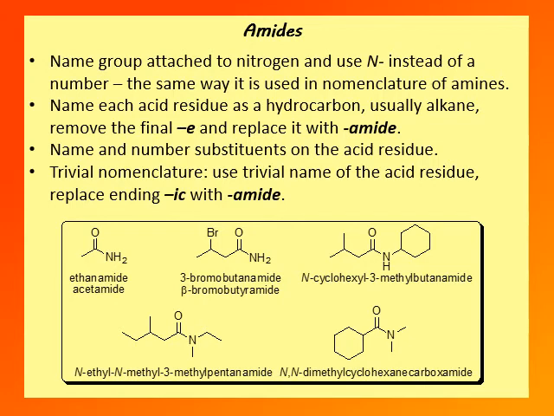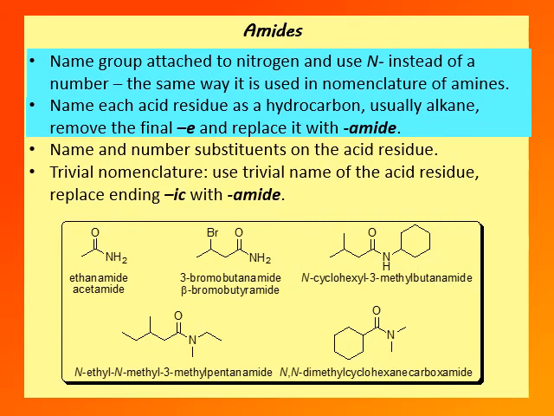Now we're going to look at the nomenclature of amides. To name an amide according to systematic nomenclature, we name the group attached to nitrogen and use in print an italicized capital letter N instead of a number. That's the same way that we use that symbol in the nomenclature of amines. Then we name each acid residue as a hydrocarbon, usually an alkane.